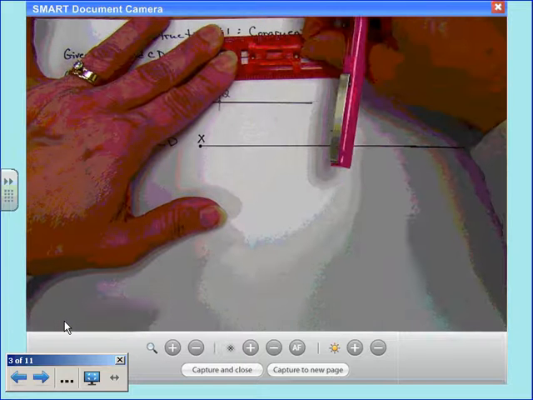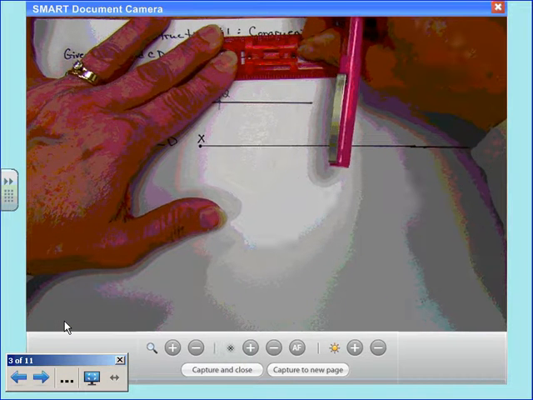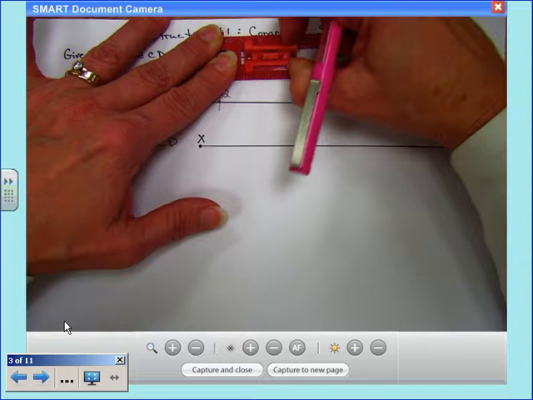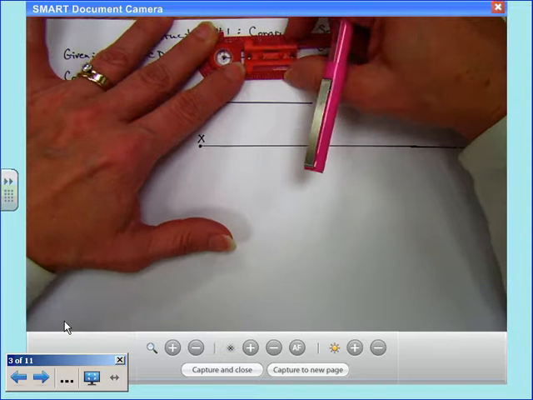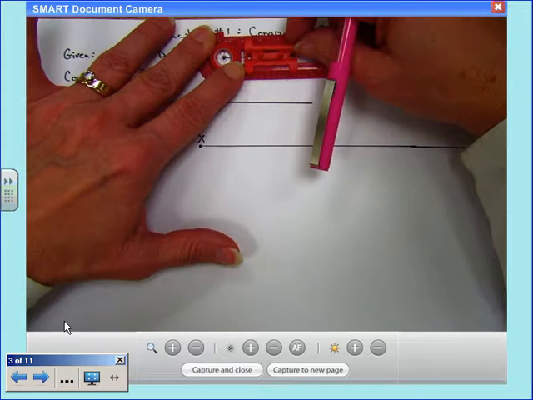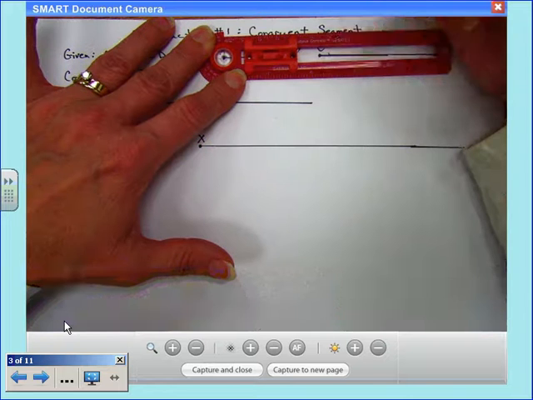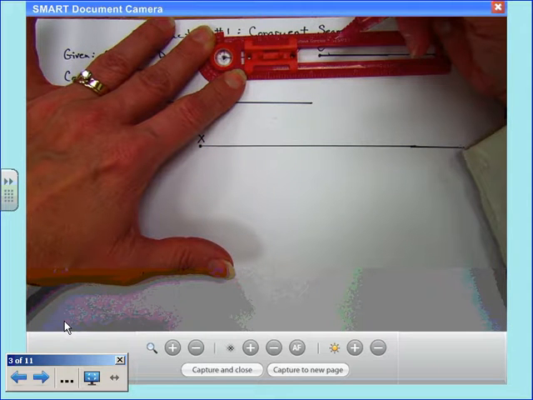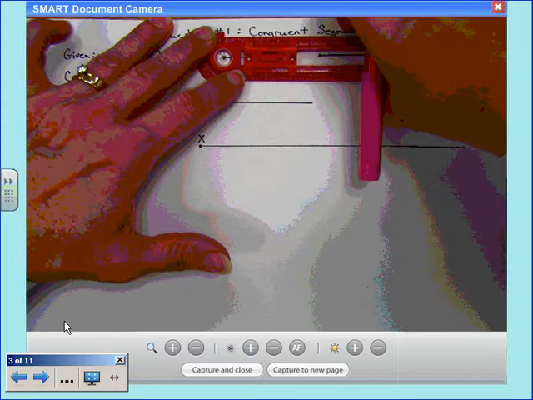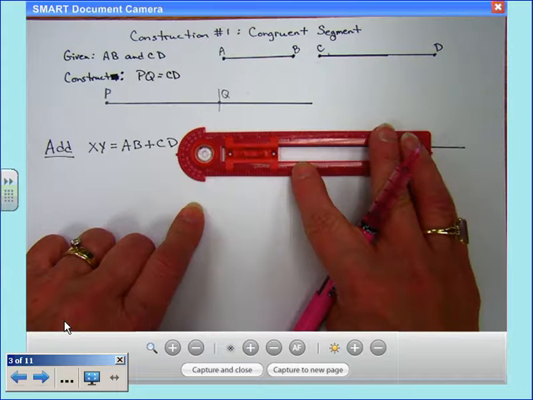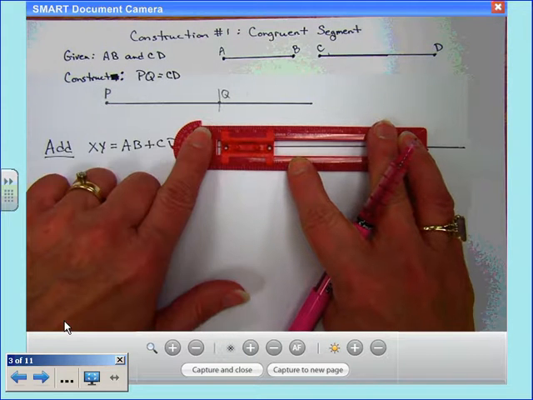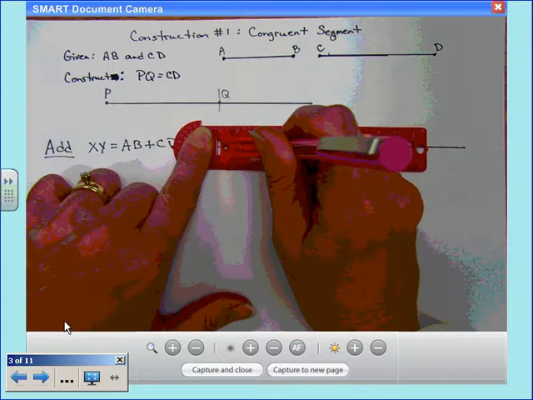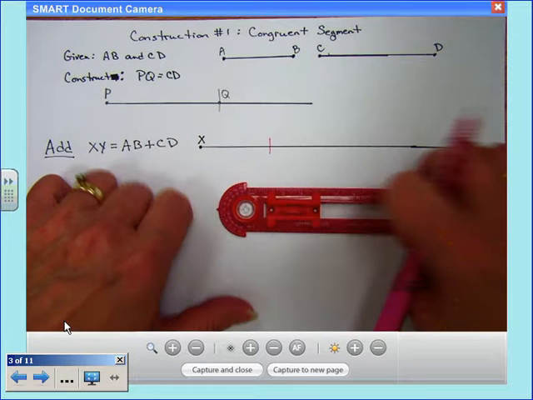But I encourage you to use the one on the outside most of the time so that you're consistent about which one you use, so you don't forget. It's always the one on the outside if it works. So here's my length for A to B. I'll move it to X, hold it down at X, and put an arc on my working line.